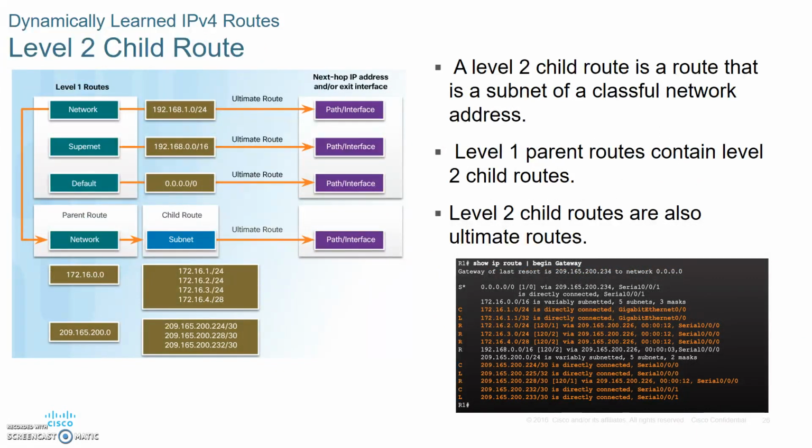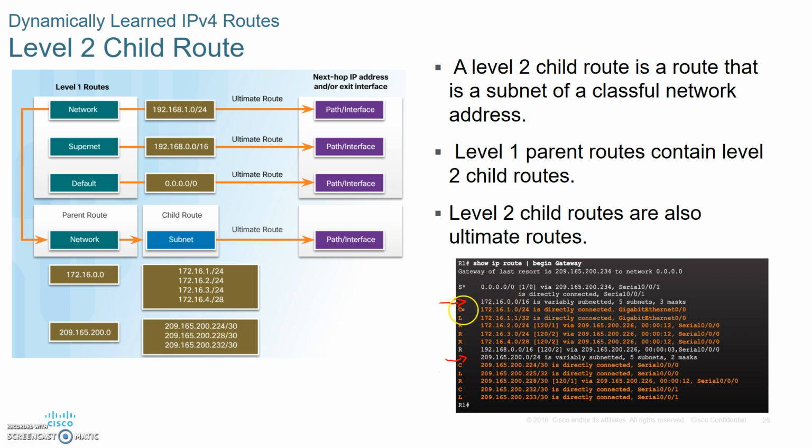Finally, we have our level 2 child route. A level 2 child route is a route that is a subnet of the classful network address. A level 2 child route appears under a level 1 parent route. Remember earlier we have two level 1 parent routes, the 172.16 and the 209.165.200.